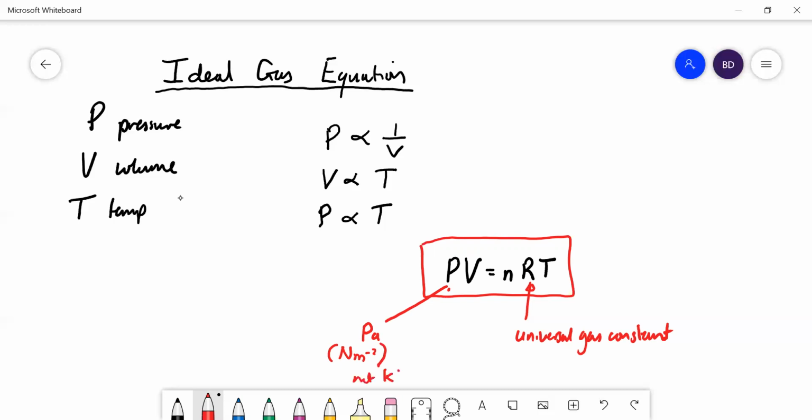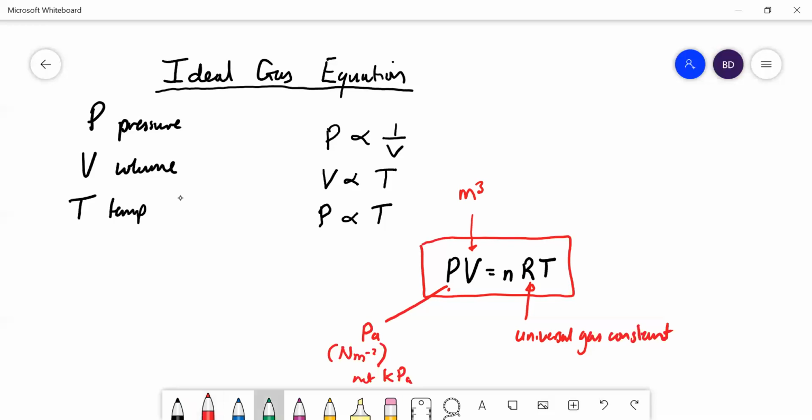Atmospheric pressure is about 100,000 pascals, so you tend to use kilopascals, and you need to convert them into pascals. Volume is the most confusing of all really, because it is not measured in centimeters cubed or decimeters cubed, it's got to be measured in meters cubed, and people forget that. That's the main reason why they get these calculations wrong.